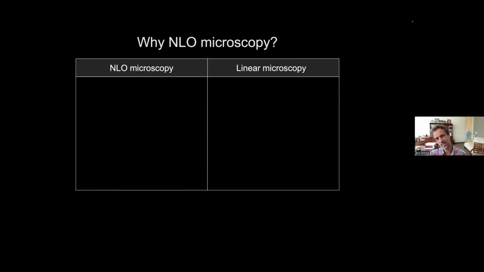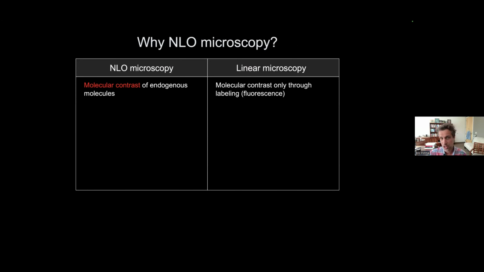Okay, so a little table here. Why would you like to do NLO microscopy? The nice thing is that if you do nonlinear excitations, you can actually address a whole bunch of endogenous compounds in tissues and cells. So you get label-free imaging in principle. We'll get down to that in a moment.